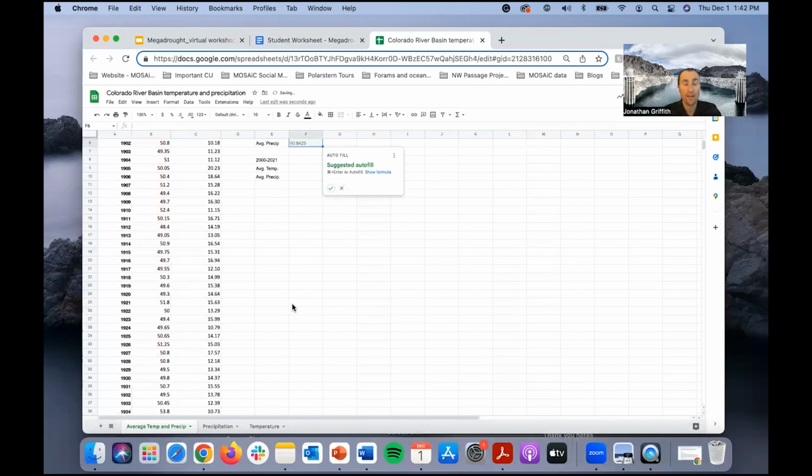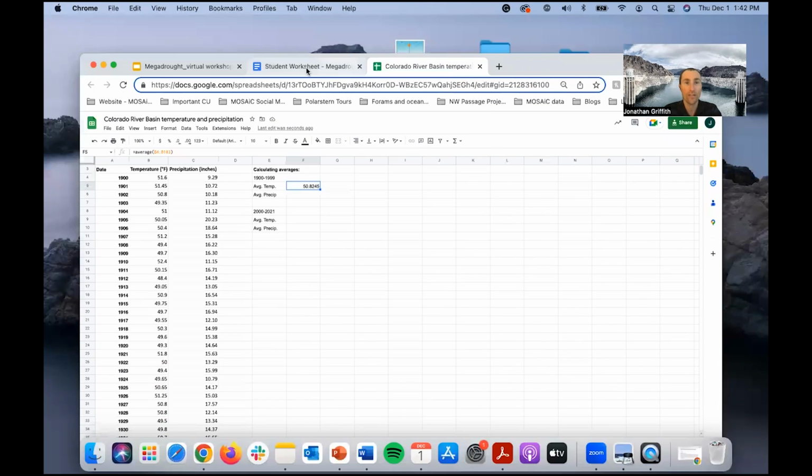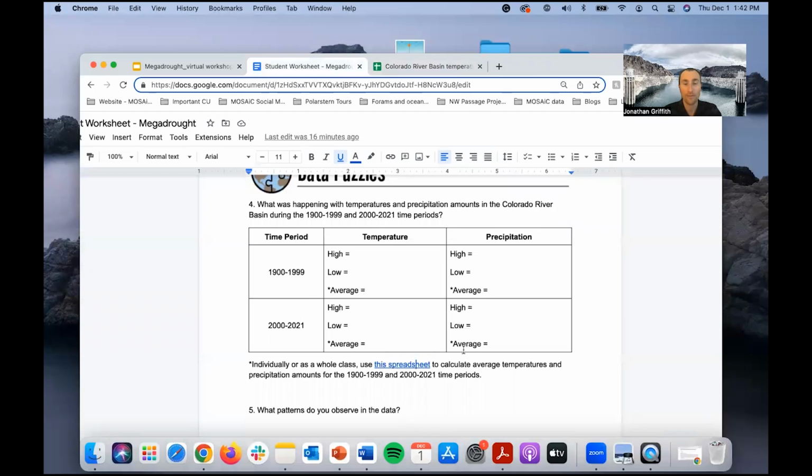Press enter, and what we have is an average temperature for 1900 to 1999 right there. We'll do the same for precipitation over that time period, and then do the same thing for the 2000 to 2021 time period, and have students record those averages here.